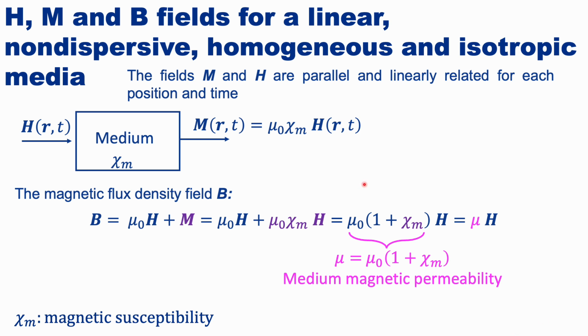Just to remember here, chi sub m is going to be our magnetic susceptibility, and then we know that mu sub 0 is our magnetic permeability.